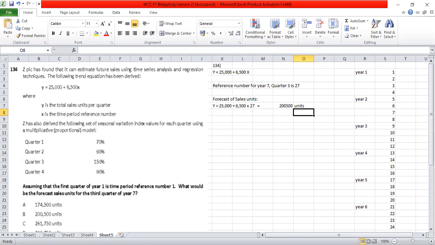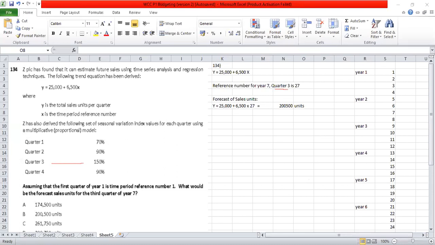So which quarter are we talking about? We are talking about quarter 3 because that is what we have calculated. Quarter 3 is the time period for which we are calculating. Quarter 3 variation which has to be included is 150%. So now proportionately we have to make the adjustment and do the calculation.